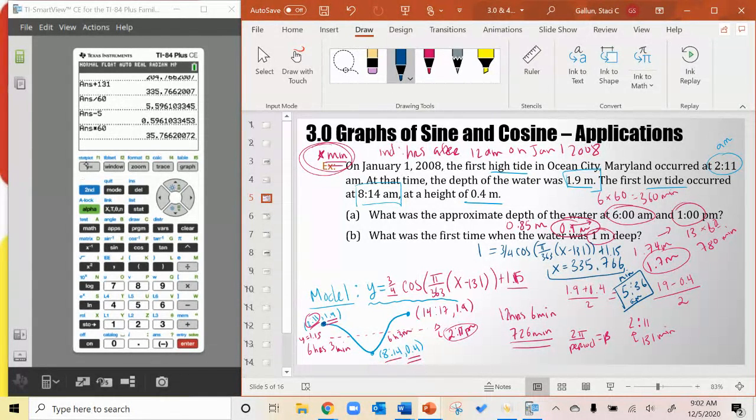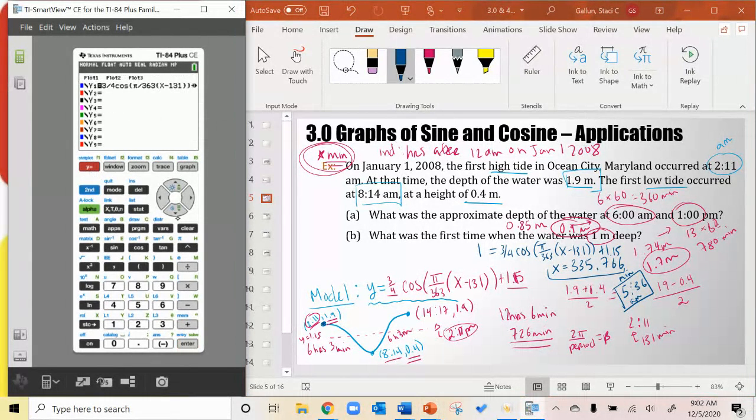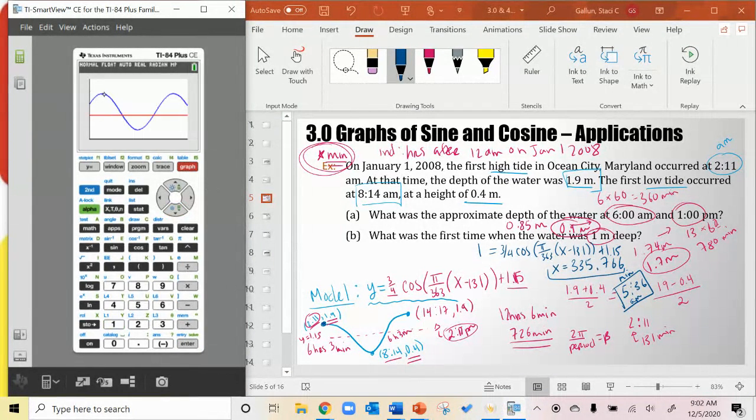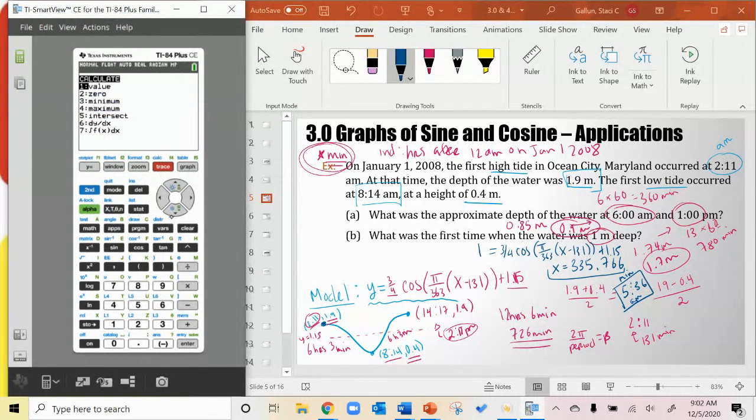Right? I could also do this graphically. I could go into y equals, I've already graphed it, and then graph another one where I'm graphing the line y equals 1. And I want to find their point of intersection. So you can see this is high tide. It drops down right here. It's the first time it gets to 1. This would be the second time. So I could go to second trace and find that point of intersection.